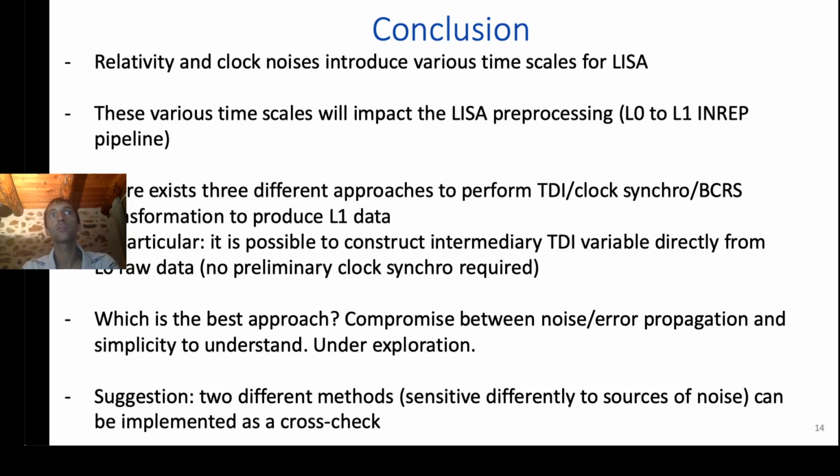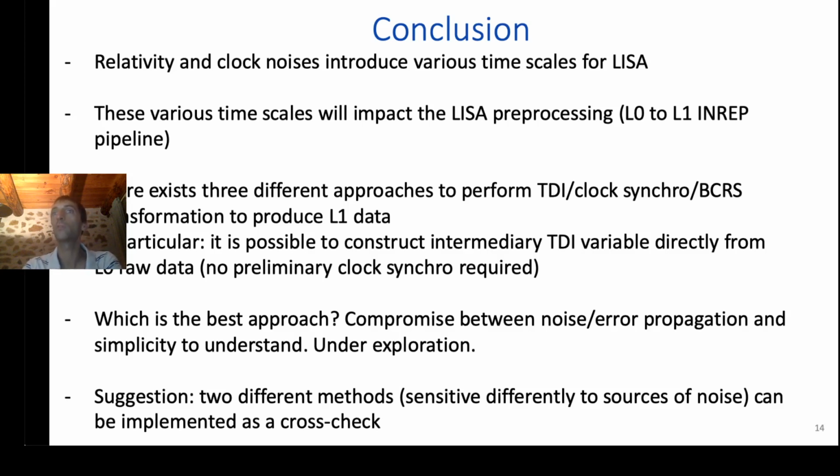In particular, something very interesting is that it's possible to construct all the TDI variables directly from the L0 raw data, so there is no need for a preliminary clock synchronization. Although if you take this approach, you will have to resynchronize your clocks afterwards to express everything in the BCRS.